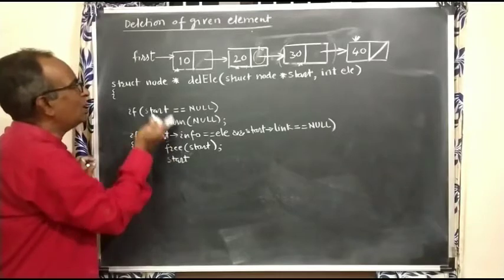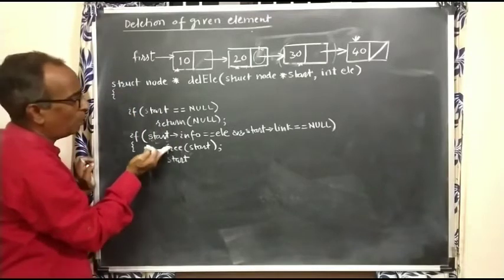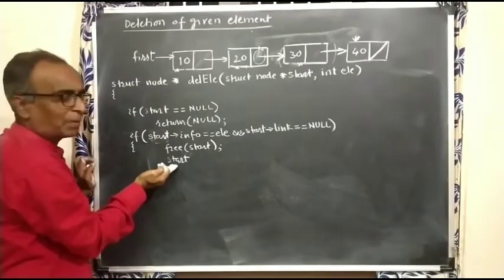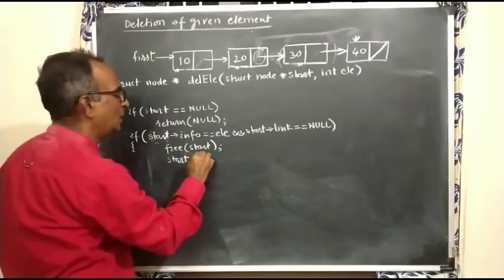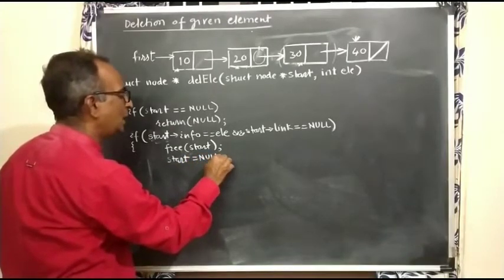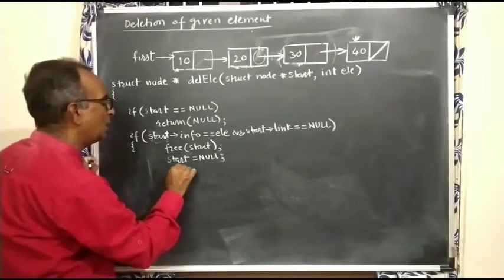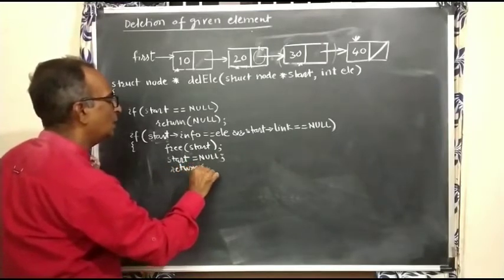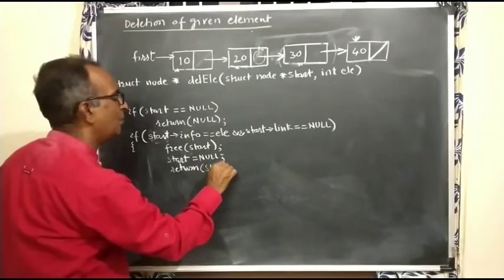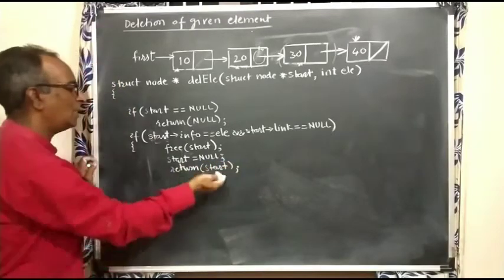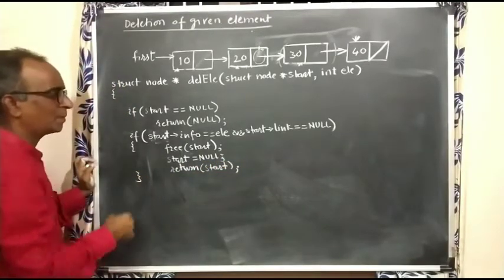So if you return null directly, there is no problem. But if you want it to be clear, set it as null and then you can say return start. For clarity's sake I am writing this, otherwise return null also will do in this case.